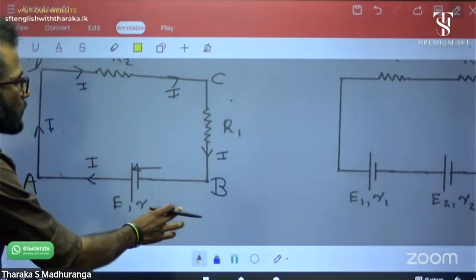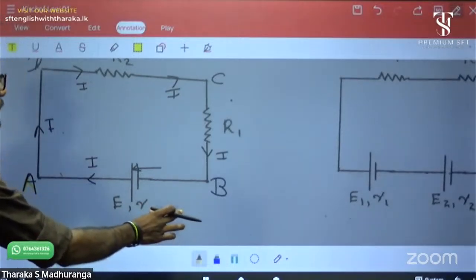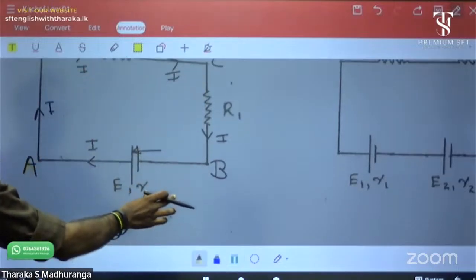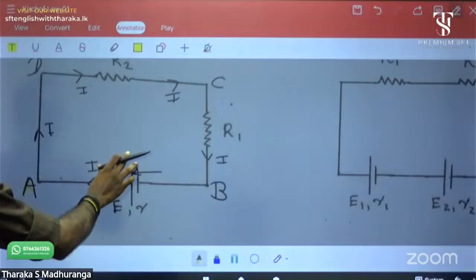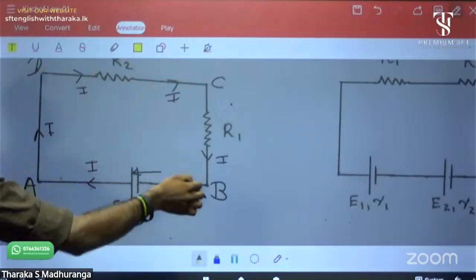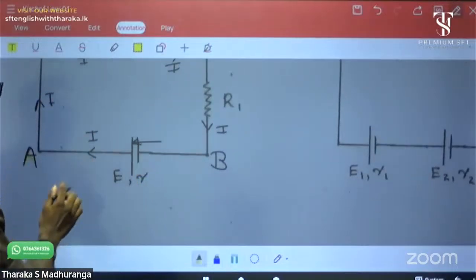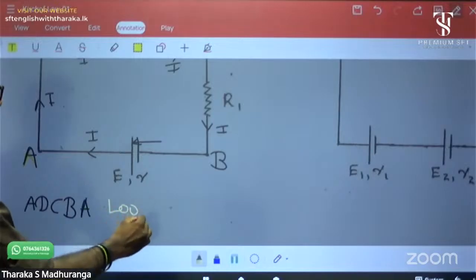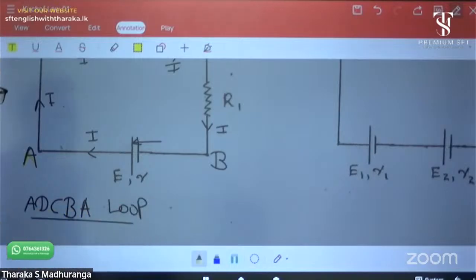I'm going to use Kirchhoff's second law on A, B, C, D. The easy way is the A, D, C, B, A loop. This is my loop.